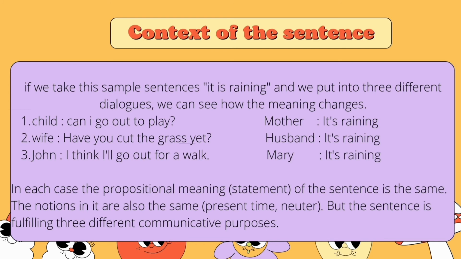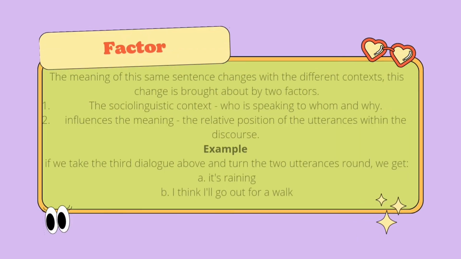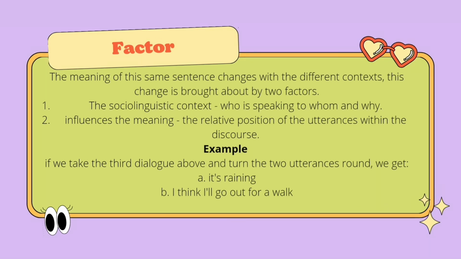Number 2 is discursive meaning: the relative position of the utterances in what follows. For example, if we take the third dialogue above and turn the two utterances around, we get: It's raining, and I think I'll go out for a walk.